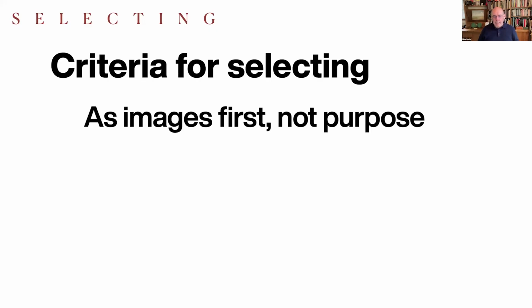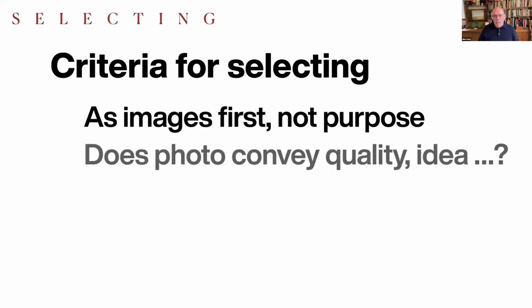Whereas assess the images purely as images. Are they successful at that level? Again, does the photo convey a quality or an idea, or is it simply an informational thing? That'll determine how high it rises in your hierarchy, probably.